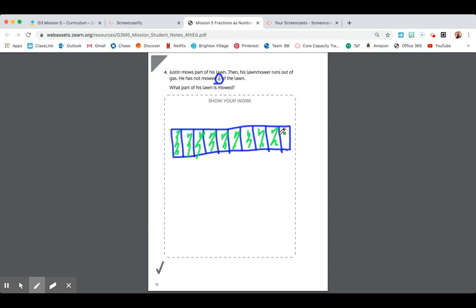That only leaves 1/10 unshaded. So we could say 1/10 of his, or Justin's, that's his name, his lawn is mowed.